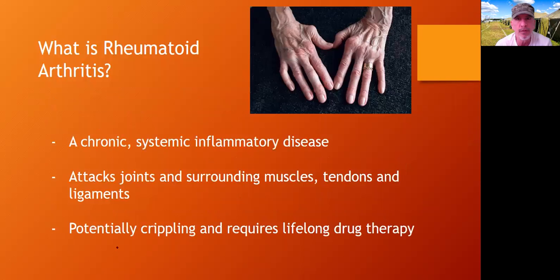Let's dive into the very first one. This is a real nasty one: rheumatoid arthritis. I'm sure many of us have met people with this condition. This is an autoimmune disease. Basically, what happens is your body attacks itself, causing the inflammation. For a long time, they thought it might have been related to staphylococcus infection.